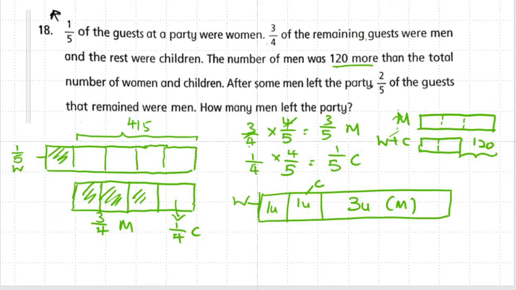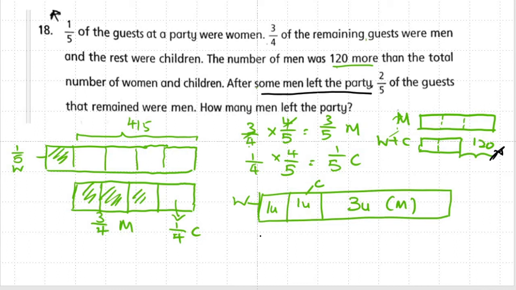Should I use a black pen instead? Okay. So you know that 1 unit is 120. Then the difficult part comes in. After some men left the party, 2/5 of the guests that remained were men.